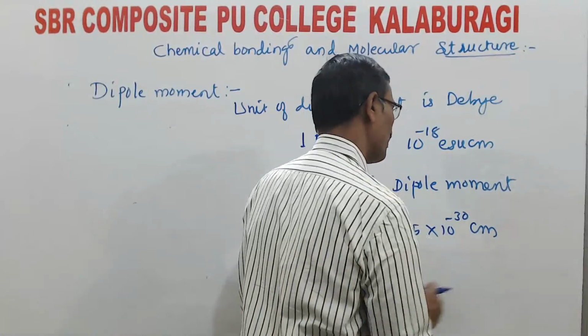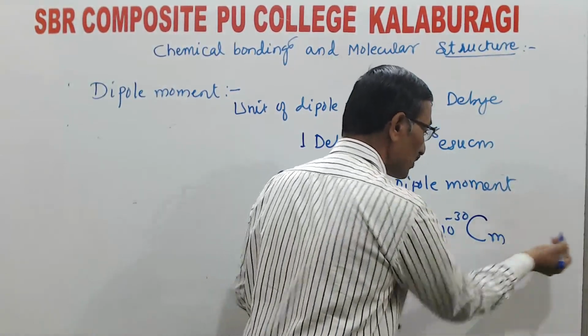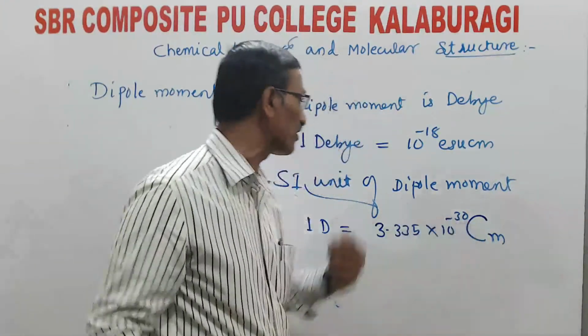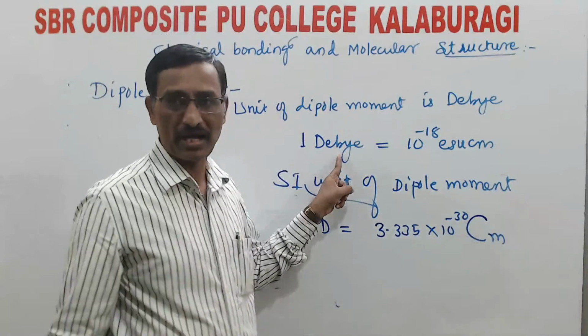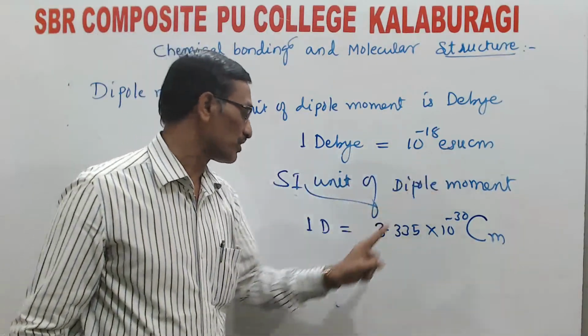Sometimes you may think of centimeter like that, but don't get confused. It is coulomb meter only. So this is 1 Debye, exactly 10 to the power of minus 18 electrostatic unit centimeter.